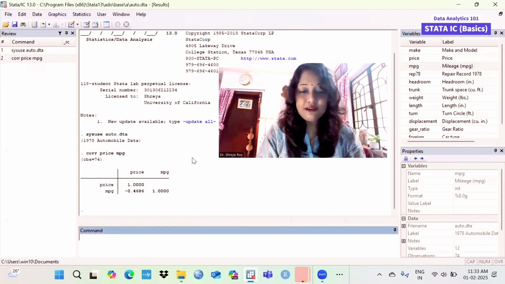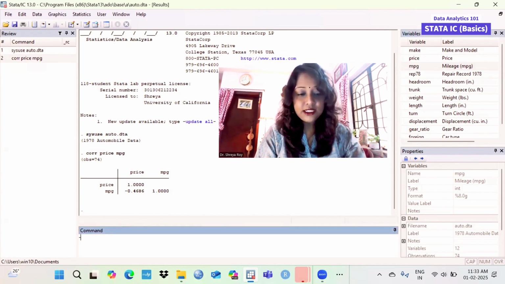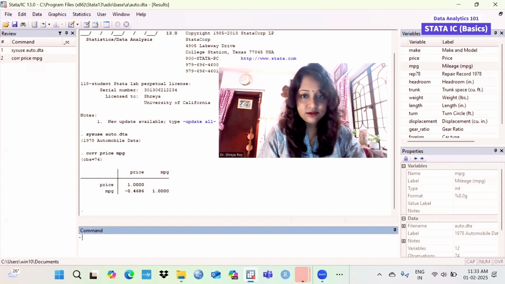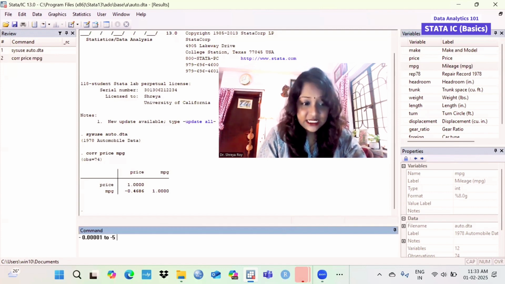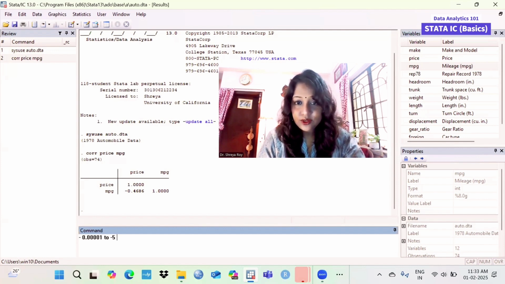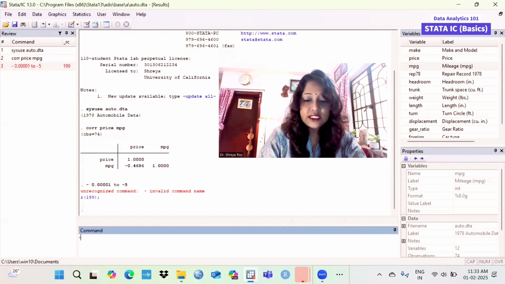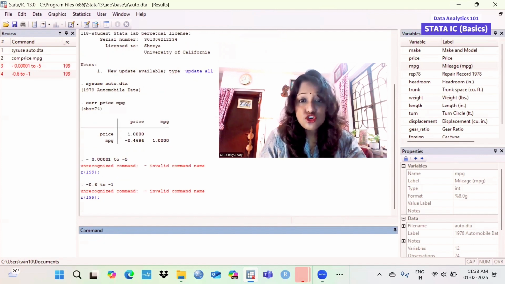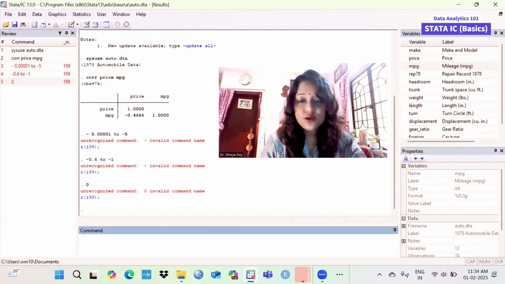If it falls between minus 0.0001 to minus 0.5, then it is weakly negatively related. If it is minus 0.6 to minus 1, it is strongly negatively related. If it is 0, it is not related.